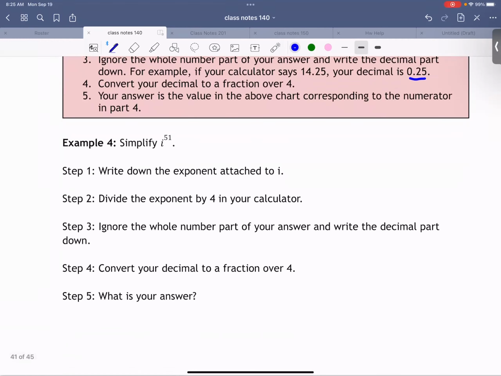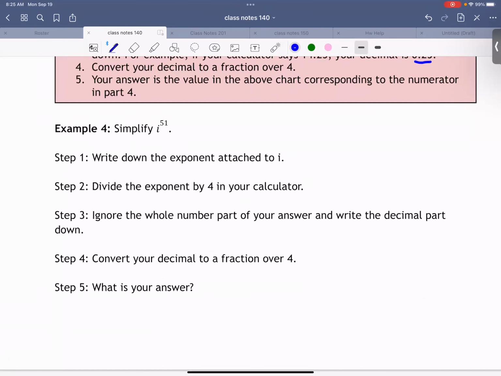Now, I know that was really abstract, so let's do an actual example, and maybe it will make this seem a little bit easier. Okay, so example number 4, we want to simplify I to the 51st power. Now that seems really crazy. Let's figure out if we can make this a little bit easier. Step 1, write down the exponent attached to I. That's easy, that's 51, right? Step 2, divide by 4.